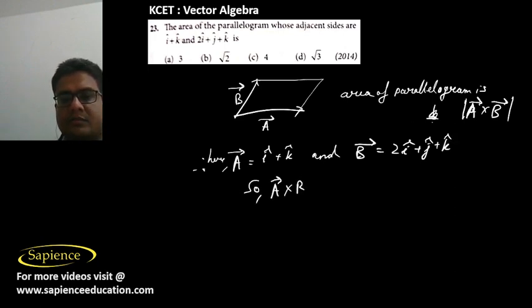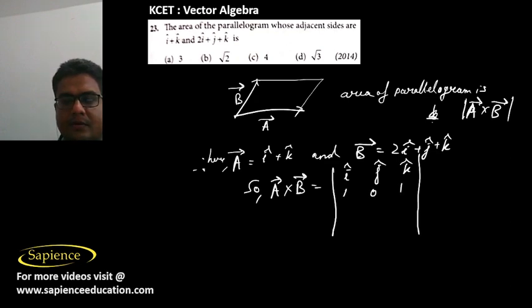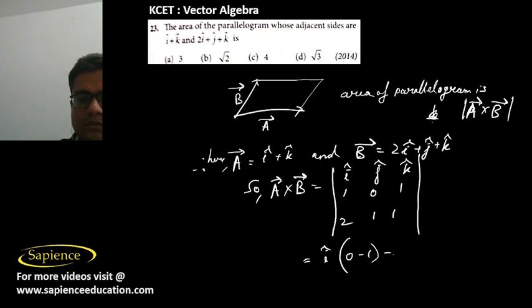So A cross B will be equal to the determinant of I, J, K; A vector is 1, 0, 1 and B vector is 2, 1, 1. That will be equal to I cap into 0 minus 1, minus J cap into 1 minus 2, plus K cap into 1 minus 0.